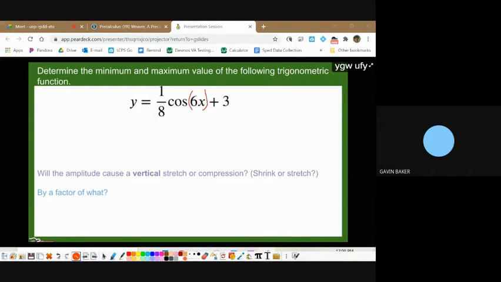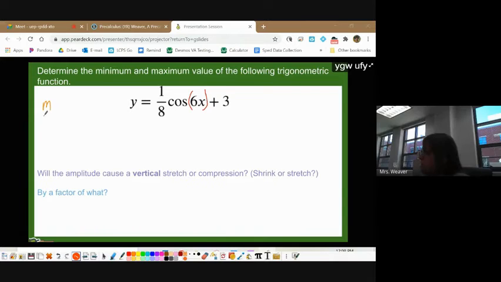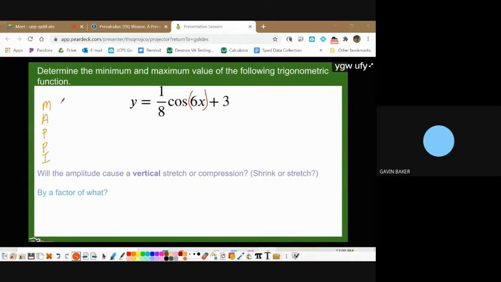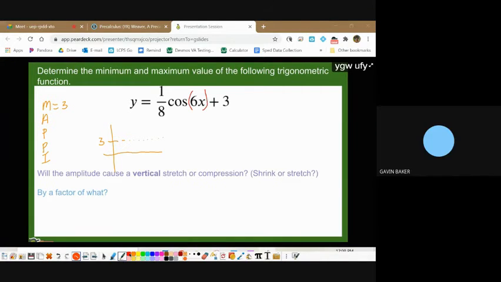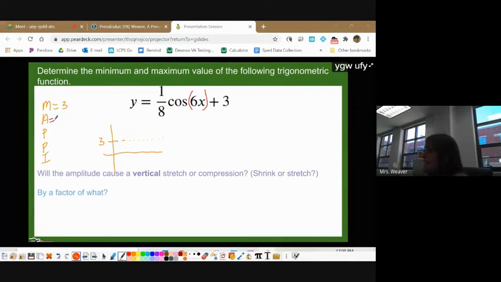Figure out what the midline is first. Okay. And what is the midline? 3. Okay, so if I put my x-axis a little lower, so my 3 can be in the middle. What's your amplitude, Gavin? 1/8. Yes. So where's your maximum going to be?